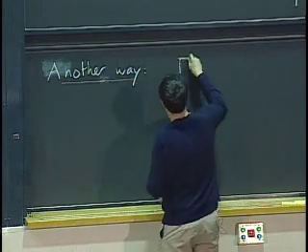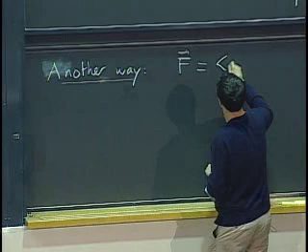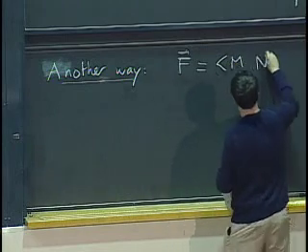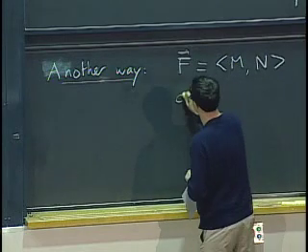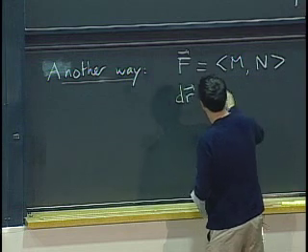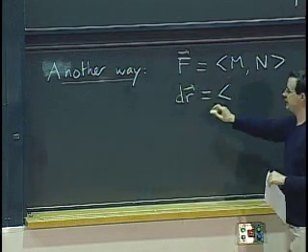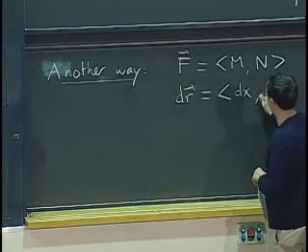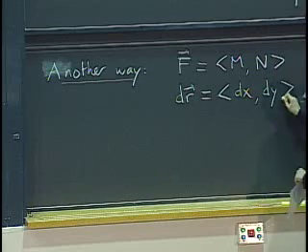Let's say that our force has components m and n. I claim that we can write symbolically vector dr stands for a vector whose components are dx and dy. Now that's a strange kind of vector.